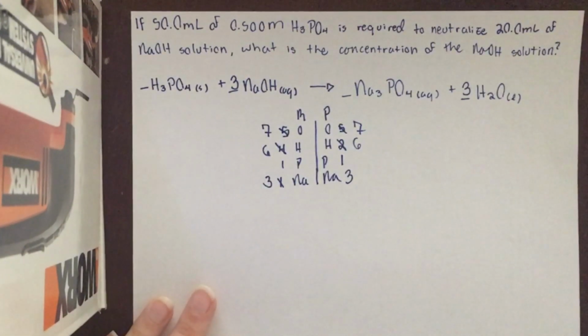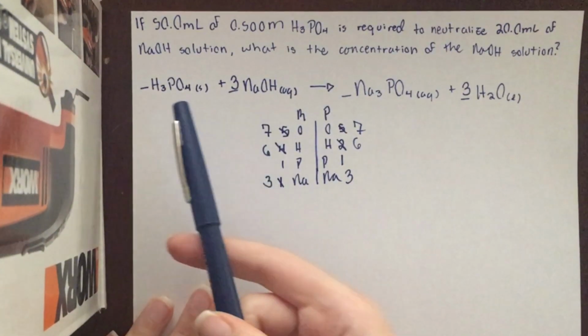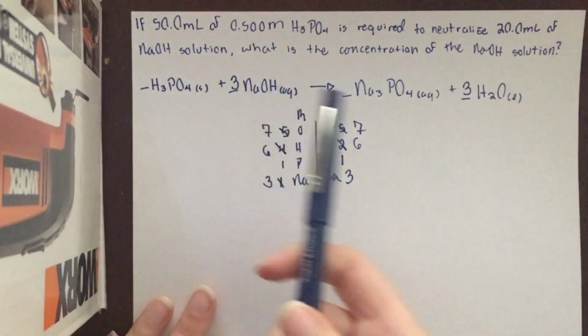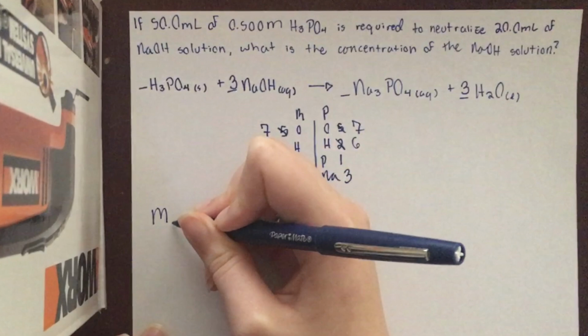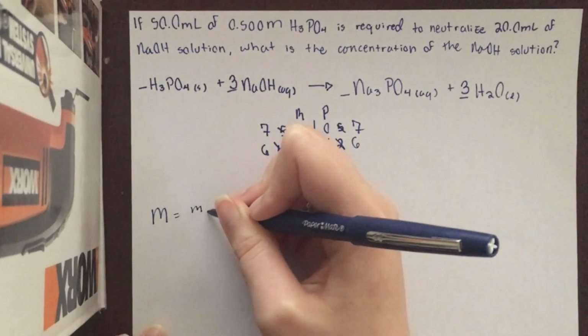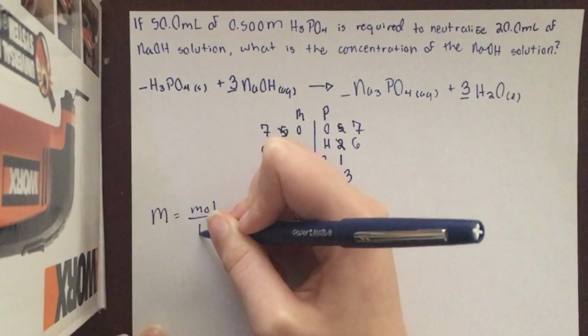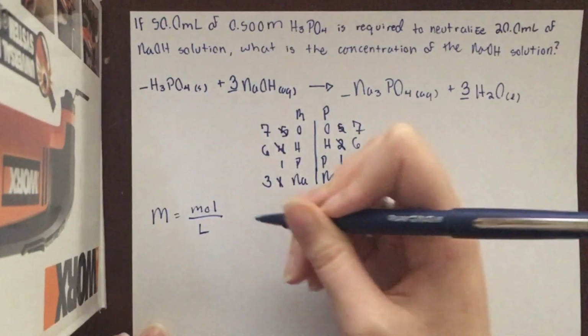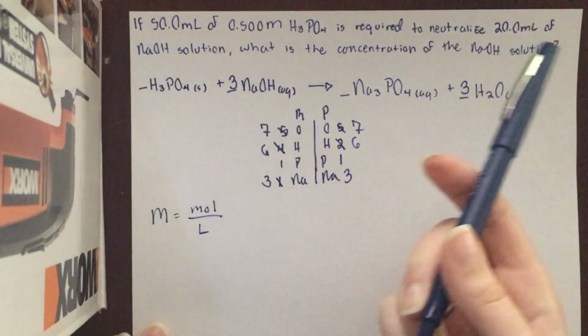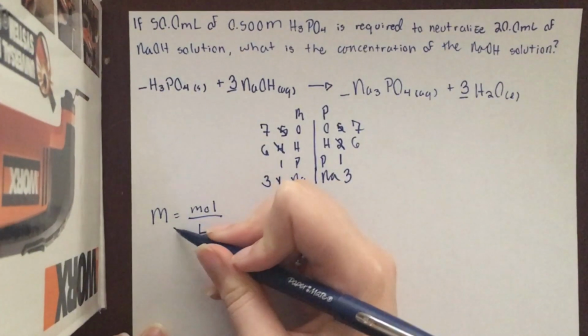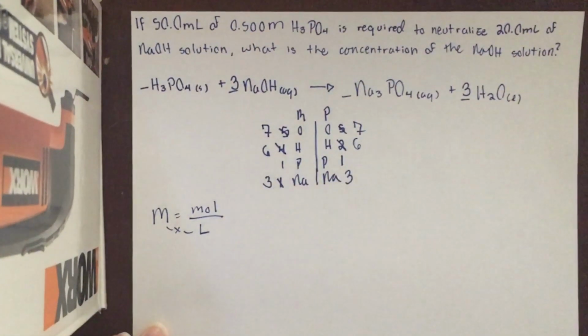So now that we know the proper stoichiometric ratio between phosphoric acid and sodium hydroxide, we can start talking about molarity, which is equal to the moles of solute over liters of solution. Based on this, we can solve for the moles of our given reactants by multiplying our molarity with our liters.